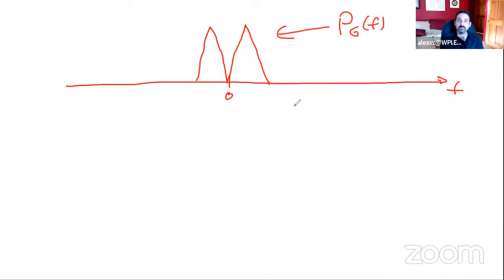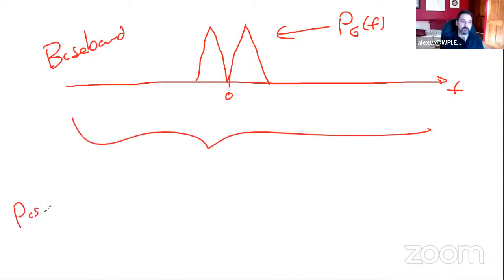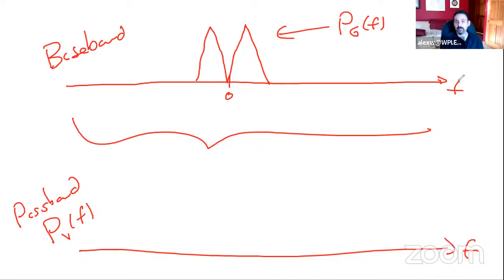But what happens is, through the process of going from baseband and that modulation business I was telling you about, to get the passband signal, P, V of F, that's F, not T, we end up getting something that looks like this. Not zero, silly me.